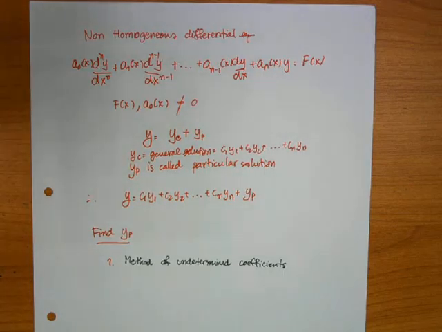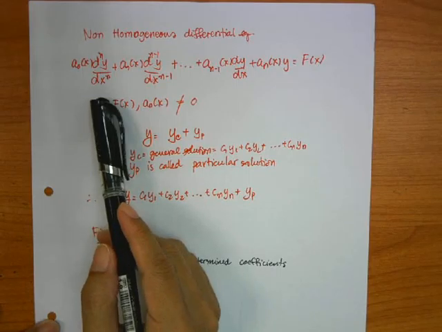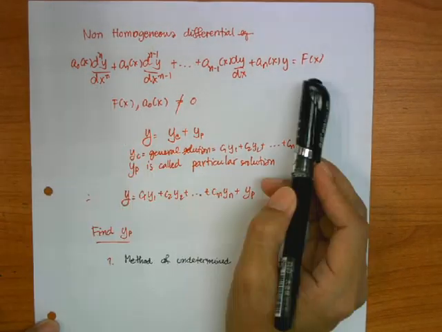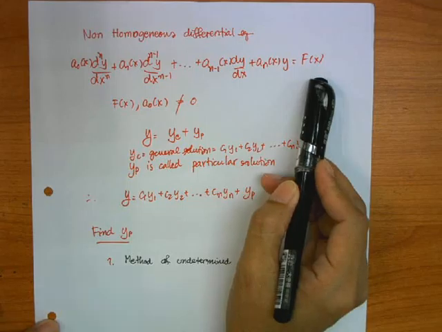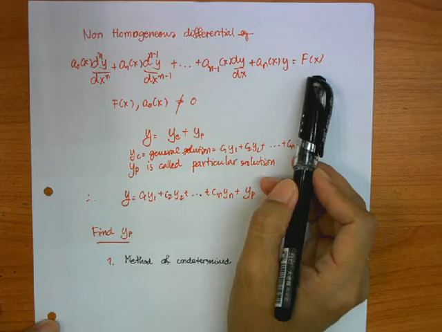The next topic that we are going to learn is the way to find the solution for a non-homogeneous differential equation. As I mentioned in the previous class, for a non-homogeneous differential equation, we can write it in the general form, where f(x) is a function of x or a constant, and f(x) shouldn't be equal to 0.